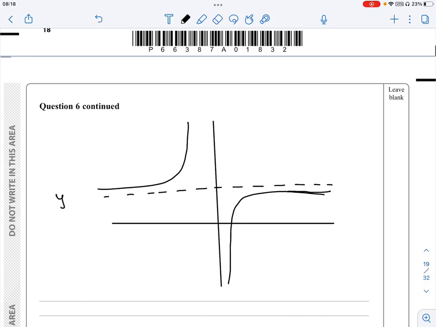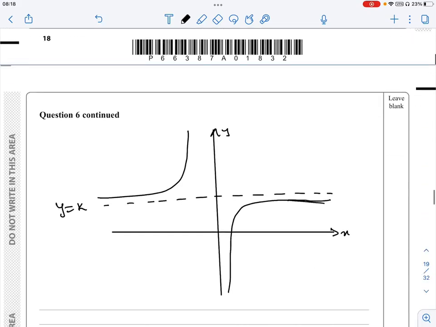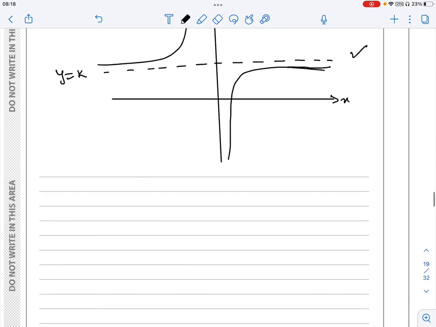So the asymptote is nothing but what? y equals k, and this is the x-axis and this is the y-axis. What else is being asked? Points of intersection with the x-axis in terms of k, and the equation of the horizontal asymptote. We have found the equation of the horizontal asymptote.